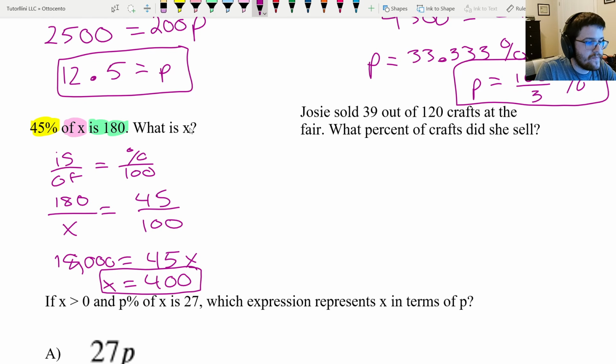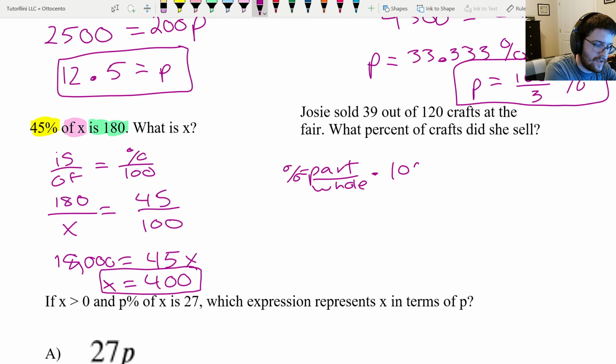Think that's right? Okay, let's look at this guy over here. Josie sold 39 out of 120 crafts. What percent did she sell? Okay, remember guys, part percent is equal to part over whole times 100.